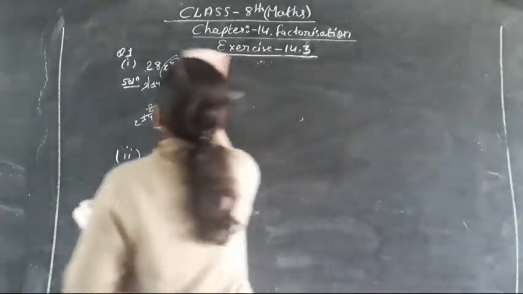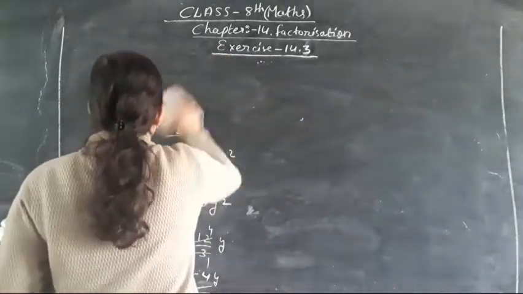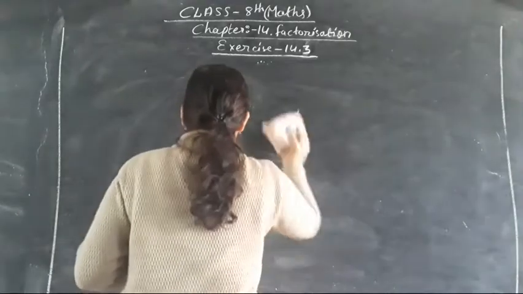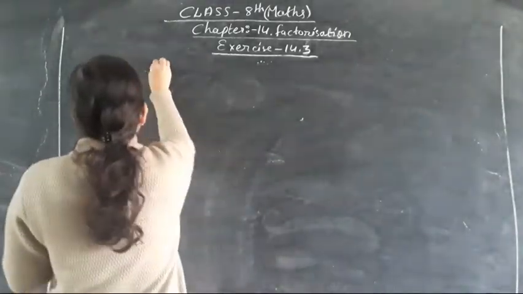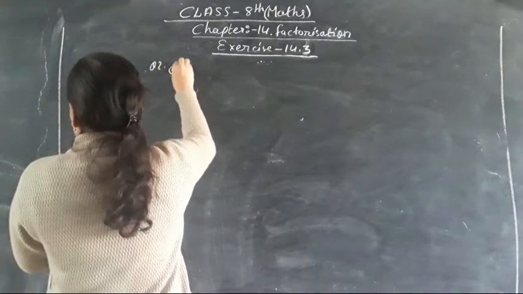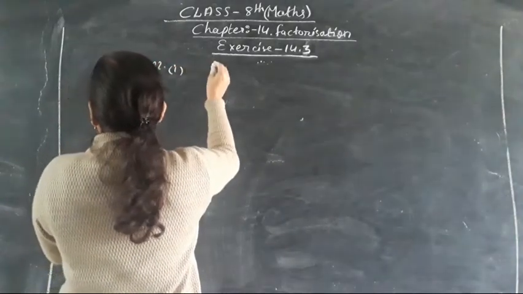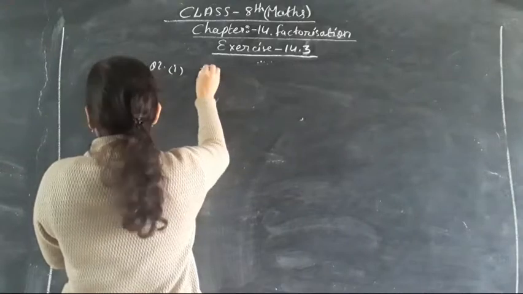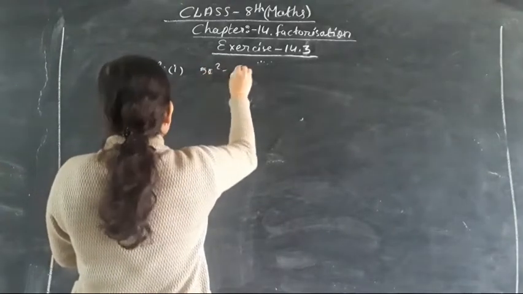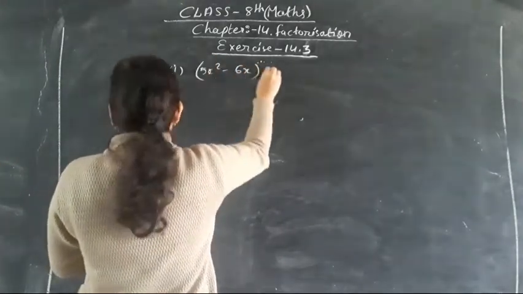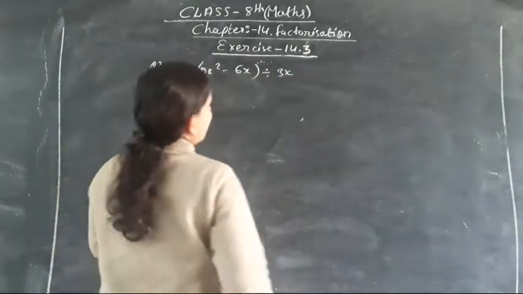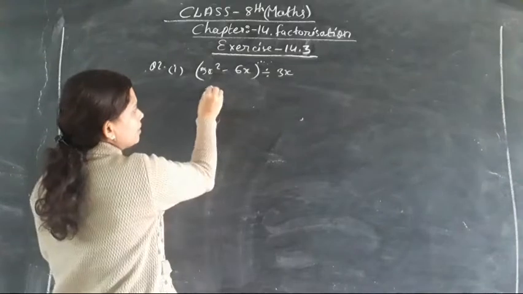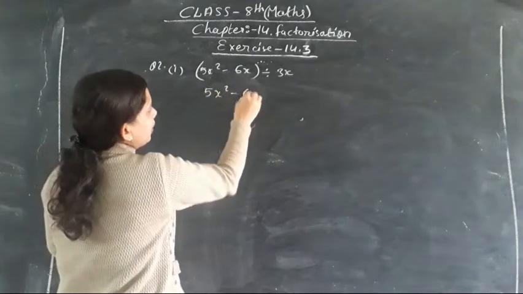Okay. Now look at the next one. Here we are having question number 2. It is said that divide the given polynomial by the given monomial. 5x square minus 6x is the binomial term as it is containing 2 terms. Which will be divided by 3x. Now you will ask me, teacher, how to divide if the binomial terms are there?